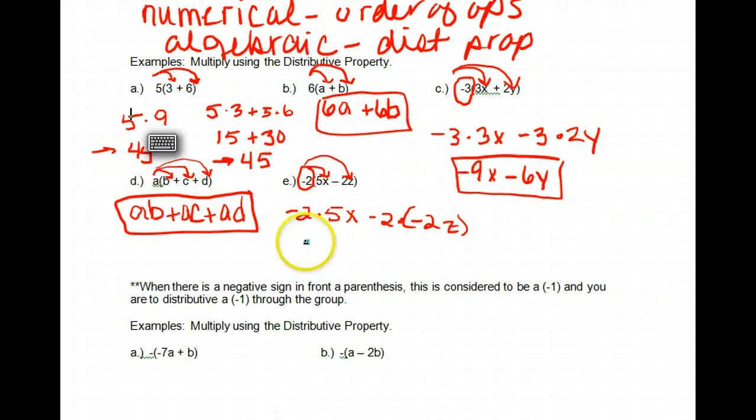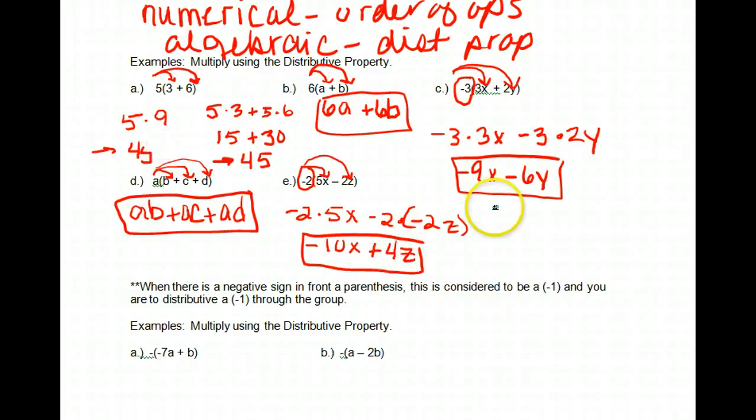Simplifying, we have negative 2 times 5 to make negative 10x. We have negative 2 times negative 2, which makes a positive 4z. Please be careful with your signs. Follow your rules of multiplication with your signs.